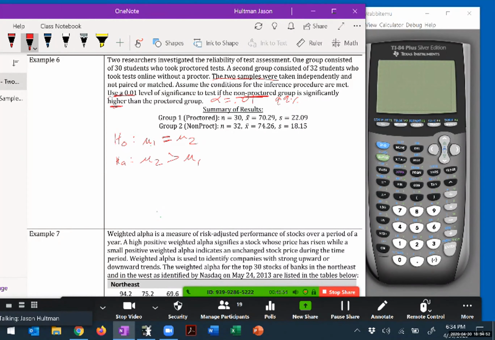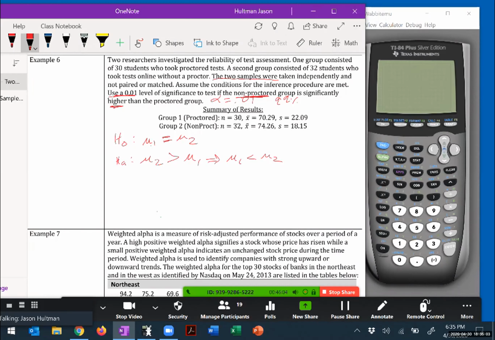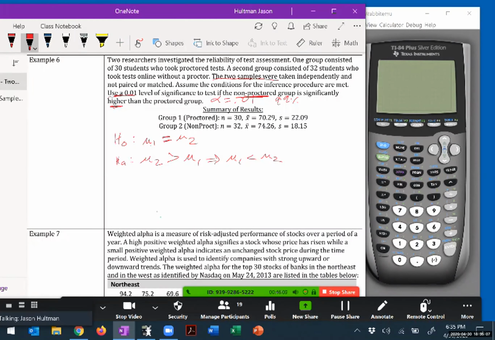The only problem is that I want to compare apples to apples, so I have to translate this into mu1 is less than mu2. They're saying is group 2 bigger than group 1? Well, isn't that the same as saying is group 1 less than group 2? Yes, it is the same thing.